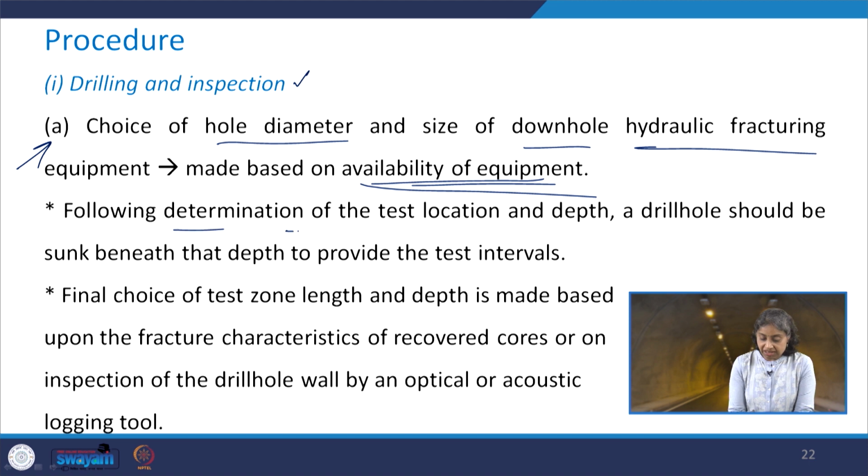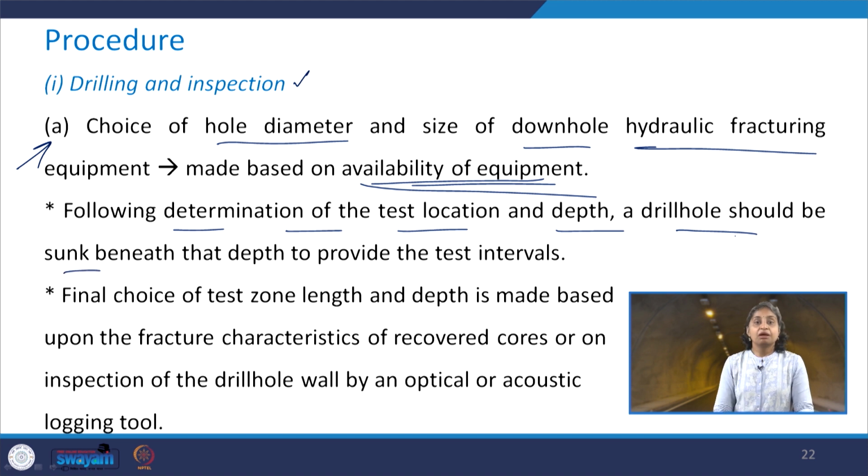Following the determination of the test location and the depth, a drill hole should be advanced beneath the depth to provide the test interval. So, let us say that you want to conduct the test at 75 meters. It should not happen that you terminate the drill hole at 75 meters only.